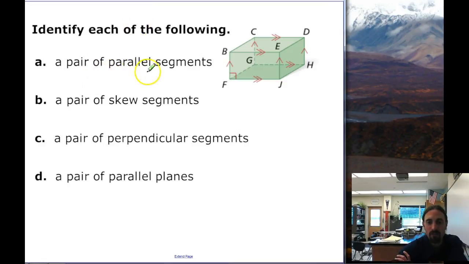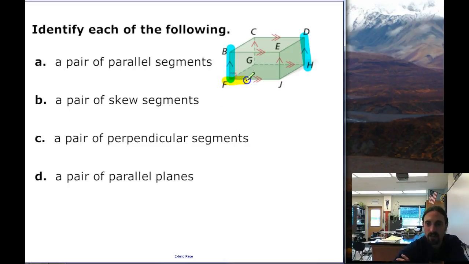All right, so what they want you to do here in this problem is identify each of the following, a pair of parallel segments. All right, Cody, what do you think? Which two? Was that BF and DH? That's correct. That is an example of a pair of parallel segments. All right, now let's see if we can figure out a pair of skew segments. Again, skew means they're not in the same plane. Okay, Rihanna, what did you say?